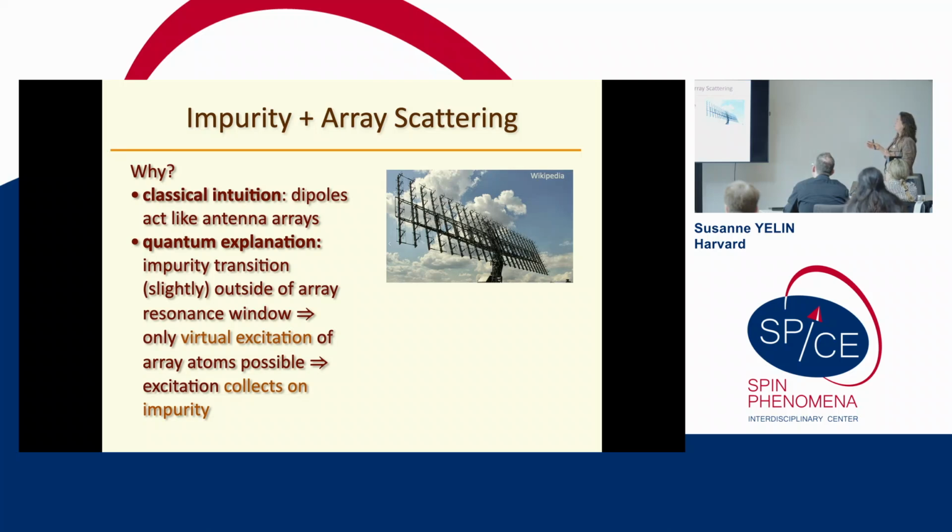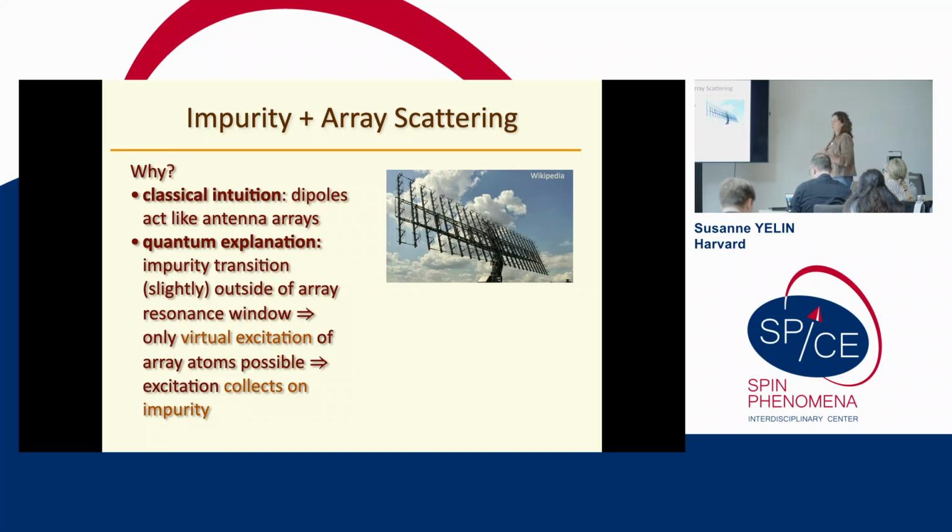Classically, people use antenna arrays in order to collect radiation, classical radiation, a little bit more efficiently. We can do in principle the same thing with quantum, but here we also use the idea of virtual excitation of the array atoms. That's not the case in these antenna arrays.